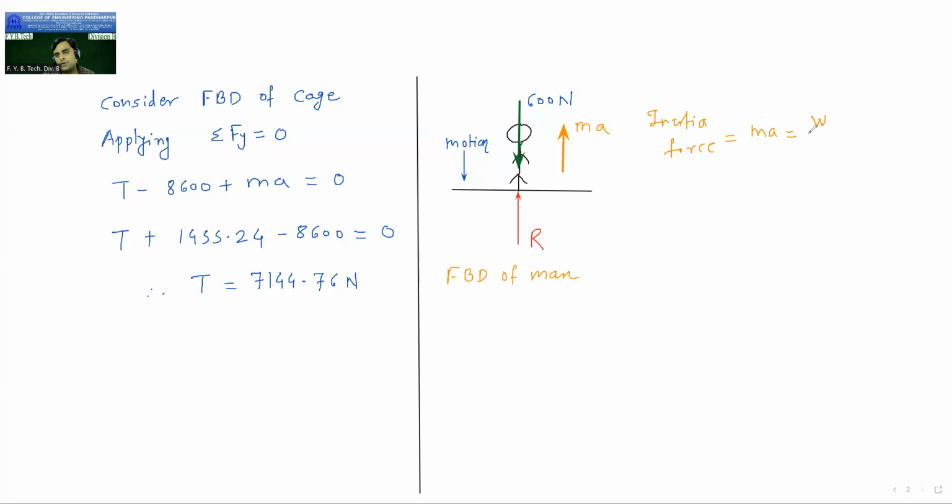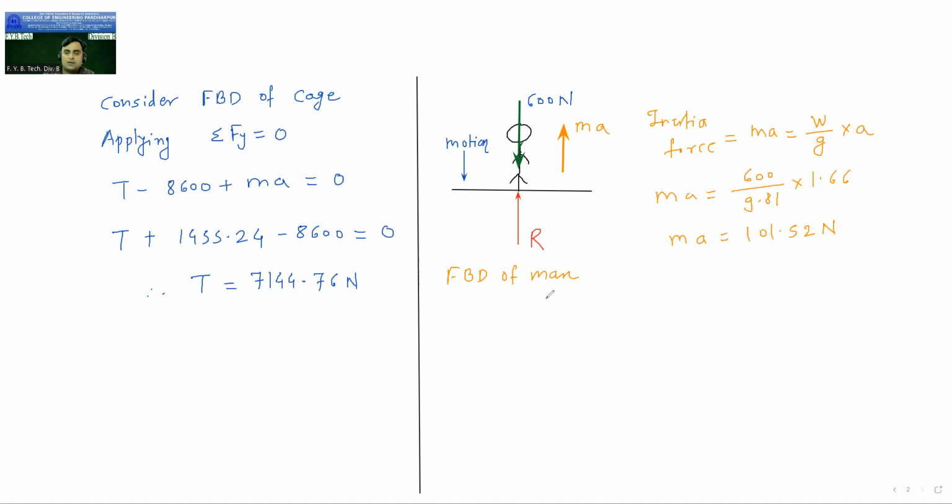Now we know the weight, so it is W by g into A, which is equal to 600 divided by 9.81 into A, the acceleration, which was 1.66. So MA is equal to 101.52 Newton. This is the inertia force.